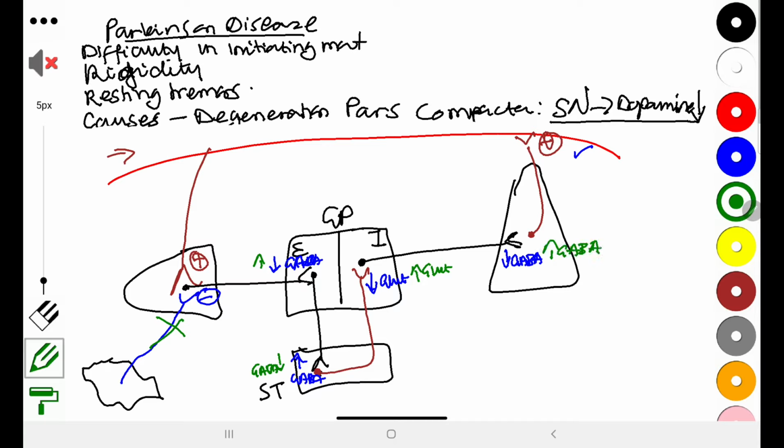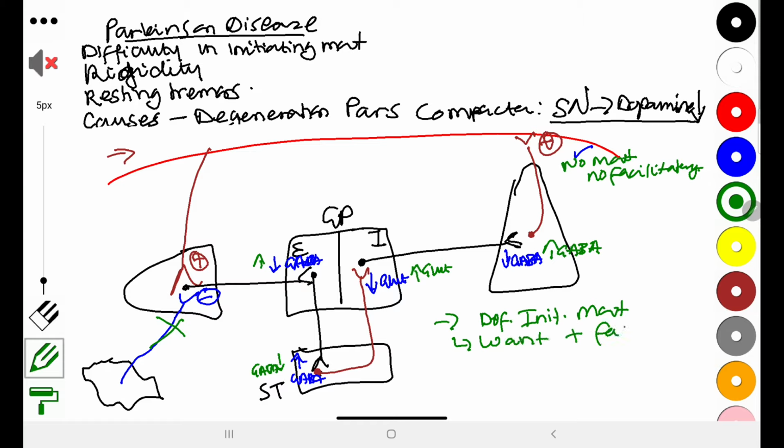And increased GABA will mean no movement. So it will mean no facilitatory movement at all. So again, it goes back to difficulties in initiating movement. So what type of movement? Both wanted plus facilitatory. Okay, so that's what we're looking at.